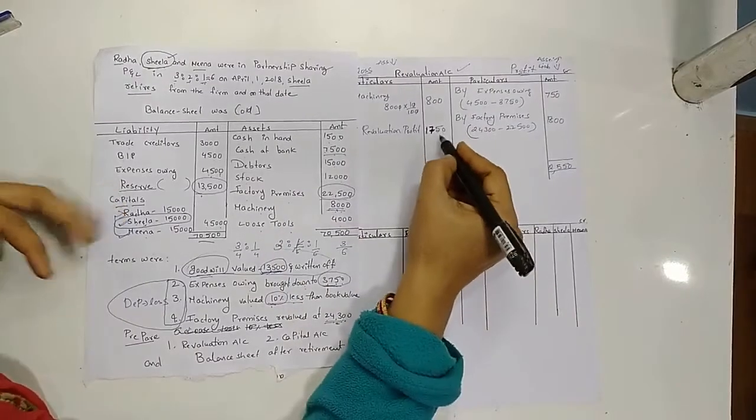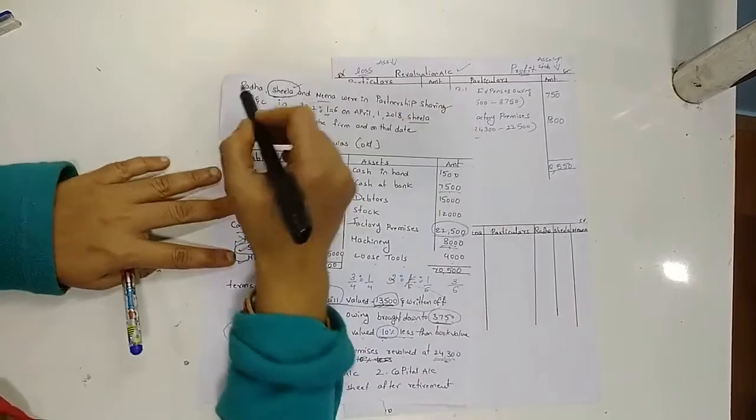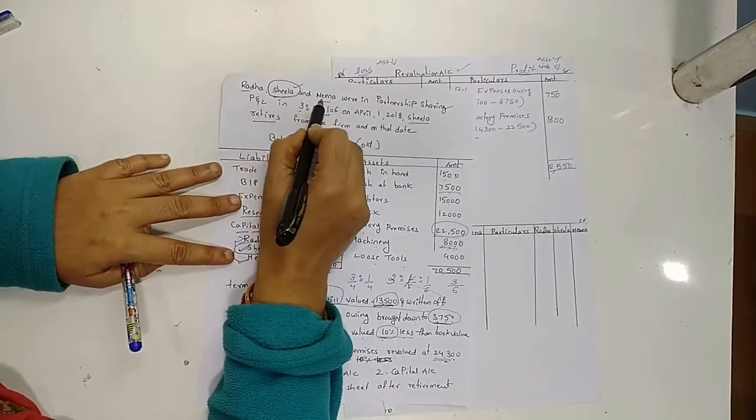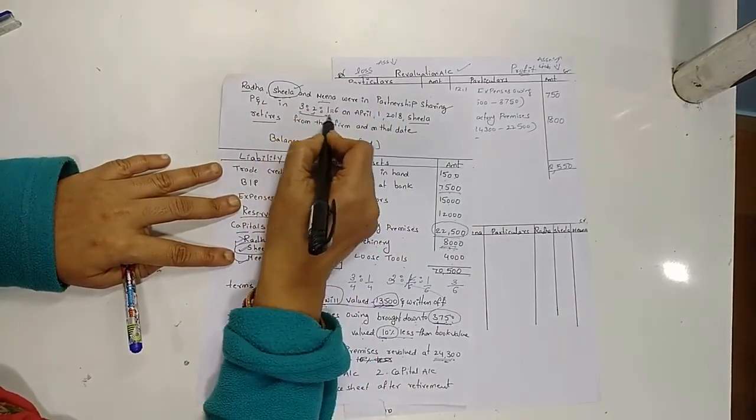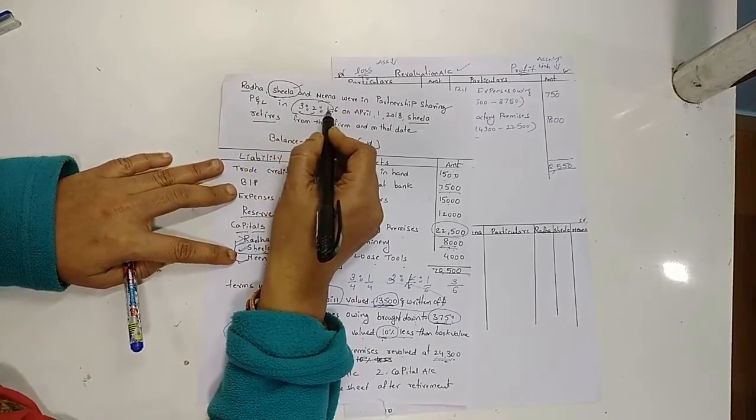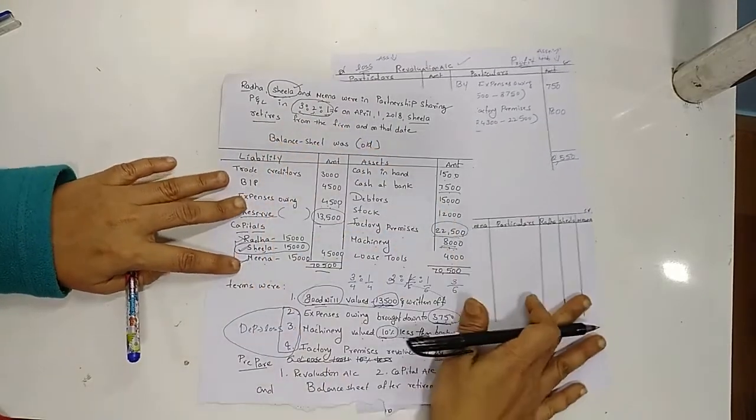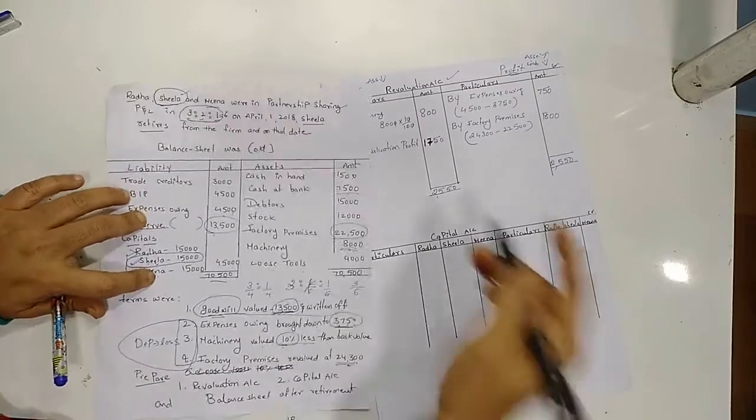So this 1,750 you have to share among Radha, Sheila and Meena in the given ratio, which is 3:2:1. So let's share the revaluation profit among all three.